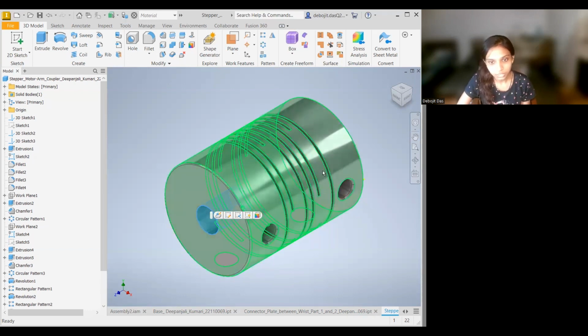The major challenge was to make these grooves at appropriate angles, as the grooves are located at different angles from each hole.